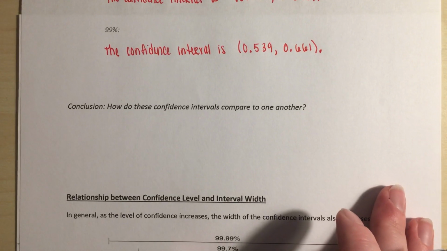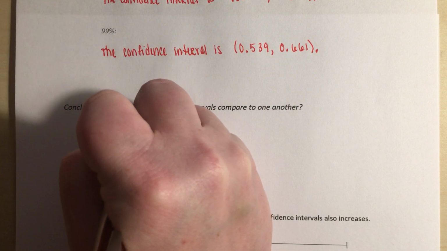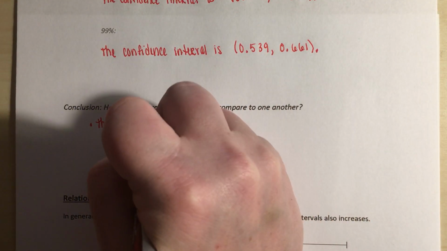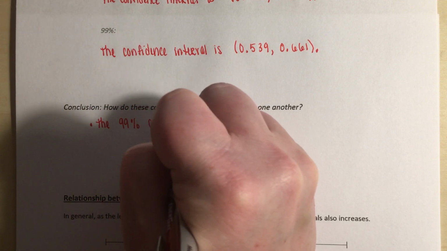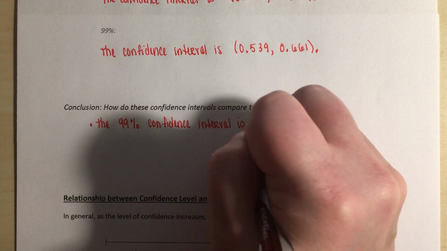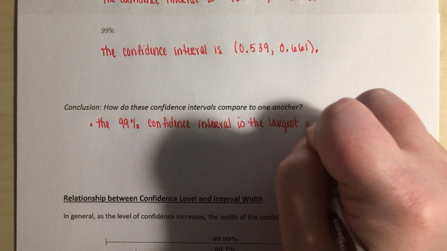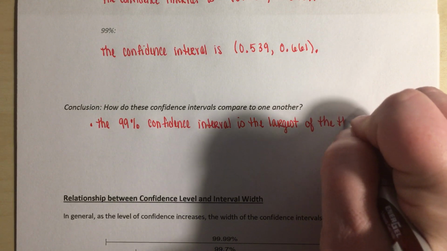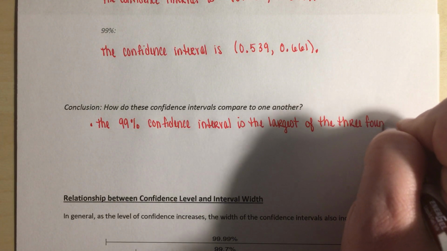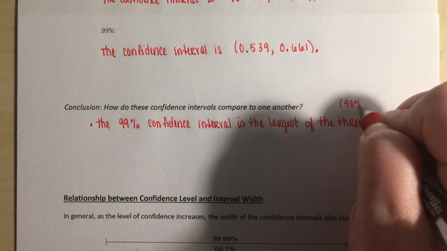So we're going to make a couple little notes here in our conclusion. The 99% confidence interval is the largest of the three found. We could also state that the 90% is the smallest, so depending on what we want.